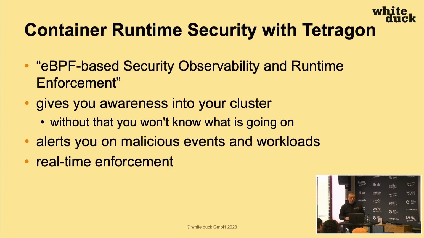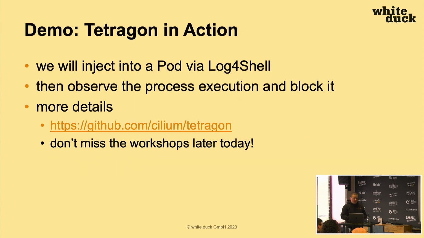This is what I would like to do: we will inject into a pod via log4shell. It's a Java pod running an old Java version, and we will use log4shell as an example to get into the container, and then block it with Tetragon so that nobody is able to exit, even with the log4shell issue in place.